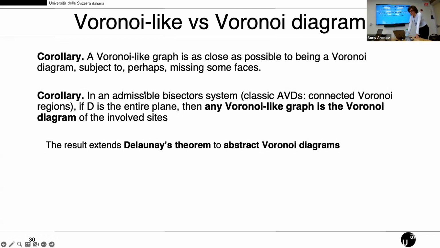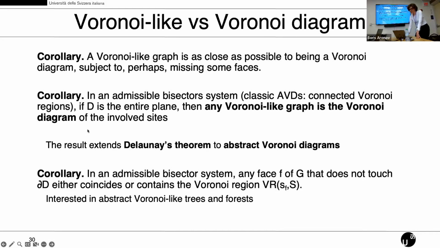And another: if the bisector system is admissible, so we have a classic abstract Voronoi diagram with connected Voronoi regions, and if B is the entire plane, then any Voronoi-like graph is the Voronoi diagram. So as long as we are in the entire plane, and we have an admissible bisector system that covers the plane, then any Voronoi-like graph is the Voronoi diagram of the sites.